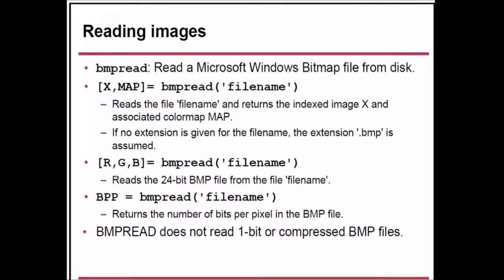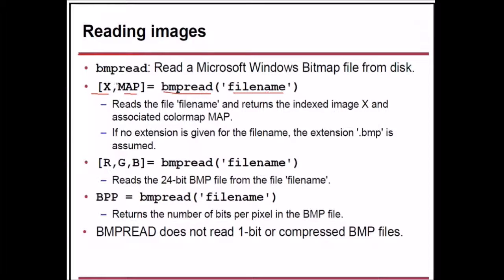BMP read is used to read images. It reads a Microsoft Windows bitmap file from disk. You use bmpread with a file name, and it reads the file and returns the indexed image X, which is a 2D array, and the associated color map.